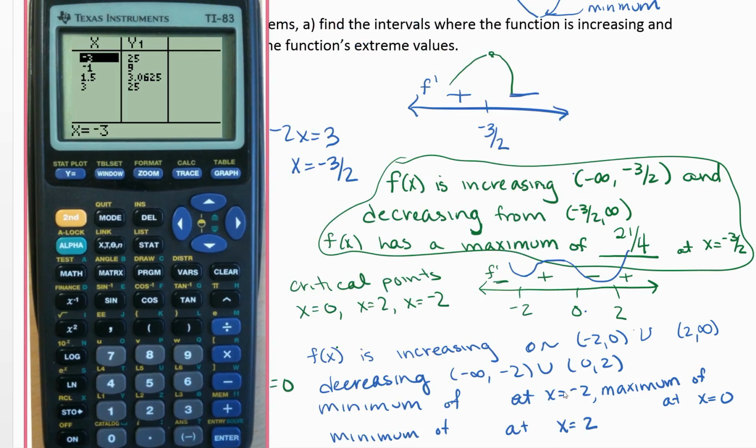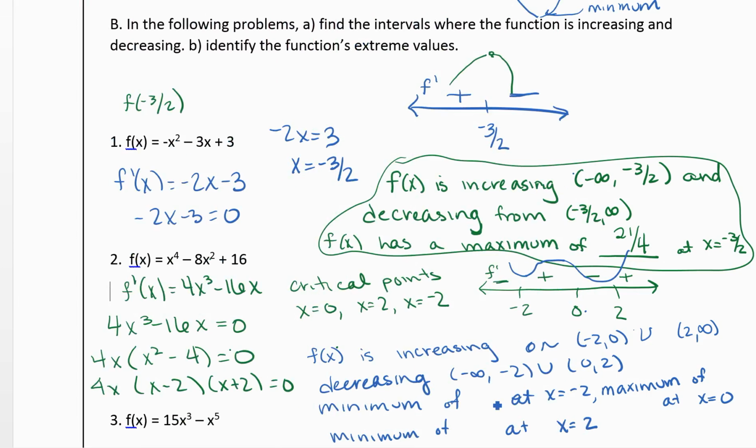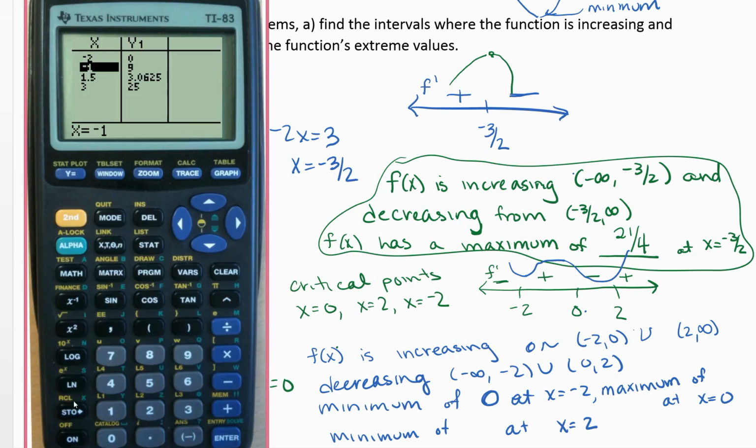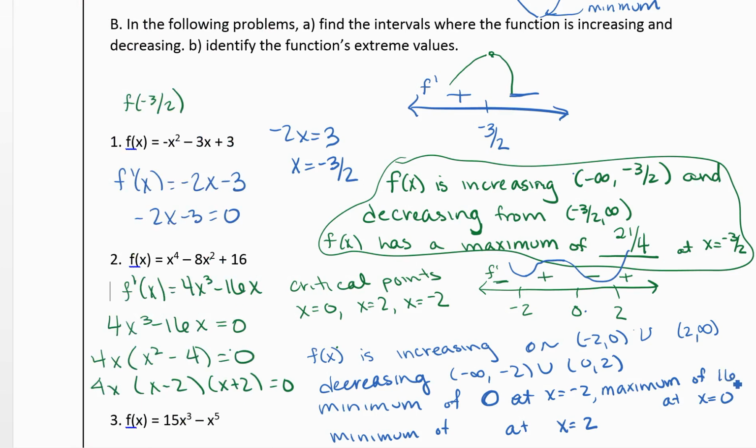And so we want to know at negative 2 what our minimum is, 0. And we want to know at 0, we have a maximum, and that's going to be 16, and at 2 we get 0 again, so we have a minimum of 0 at negative 2, a maximum of 16 at x equals 0, and a minimum of 0 at x equals 2.